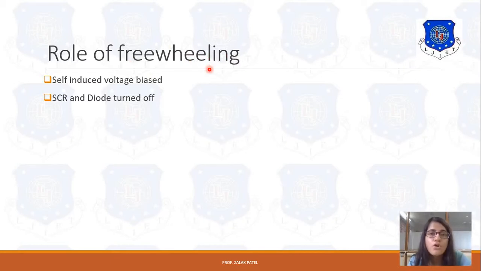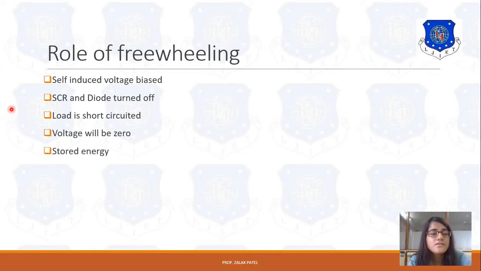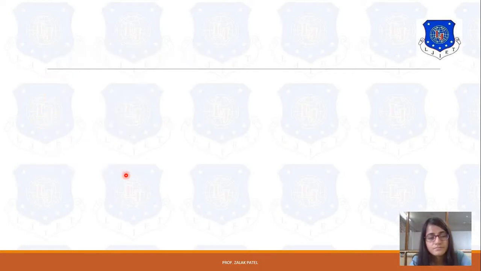The load is short circuited in mode 2 and mode 4, and the load voltage is 0 in those modes, as in the table. Energy is stored because of the positive current flowing through it. After the freewheeling action, SCR2 will be turned on, and again the whole cycle will repeat. So this is the role of the freewheeling diode.